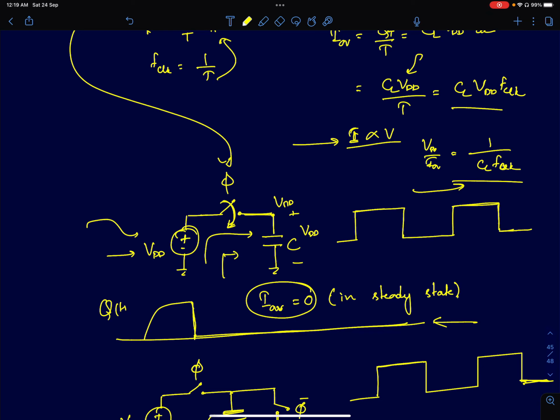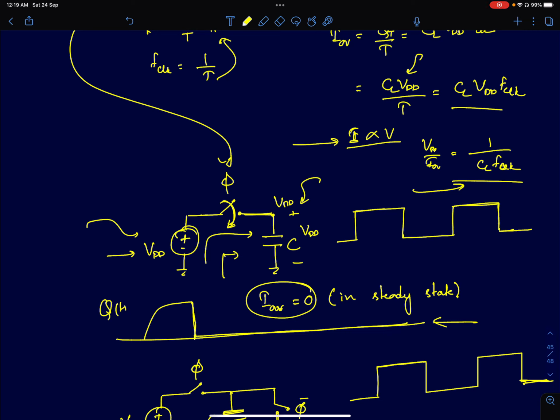It makes sense. Now, if I want to emulate a resistor using a capacitor, all I need to do is remove the charge storage capacity of the capacitor.